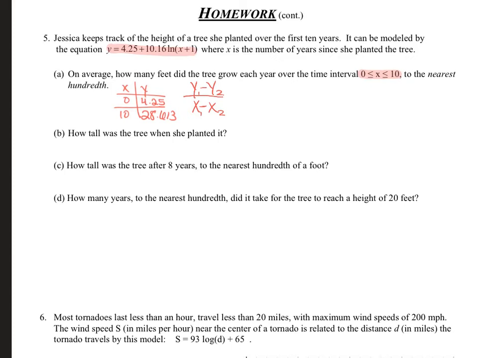So I'm going to subtract my y's. So 4.25 minus 28.9613 all over 0 minus 10. And when you do that, you should get 2.44, and that ends up being feet per year.